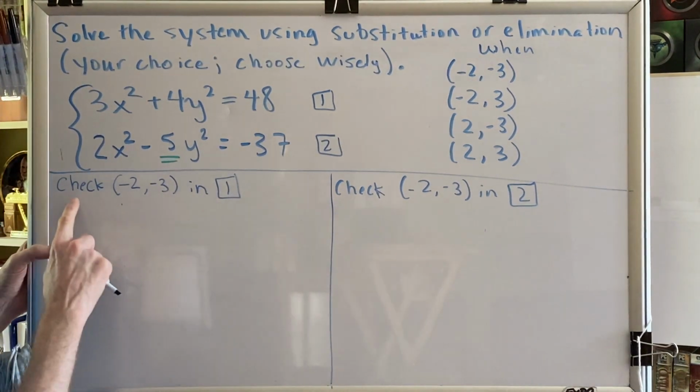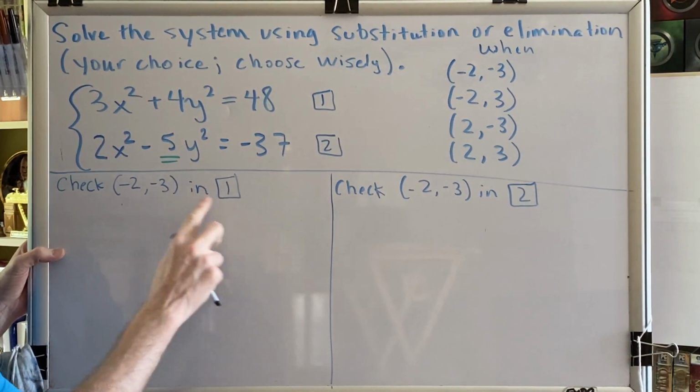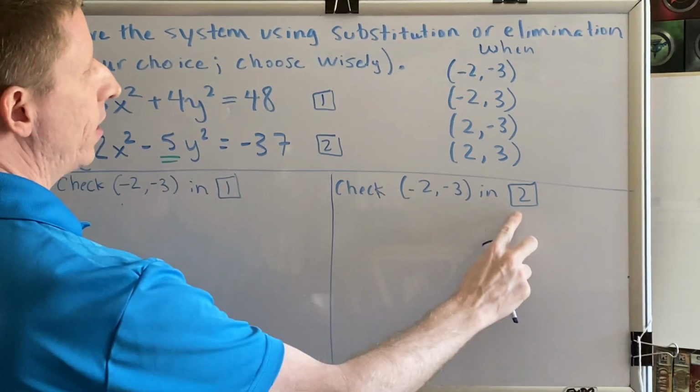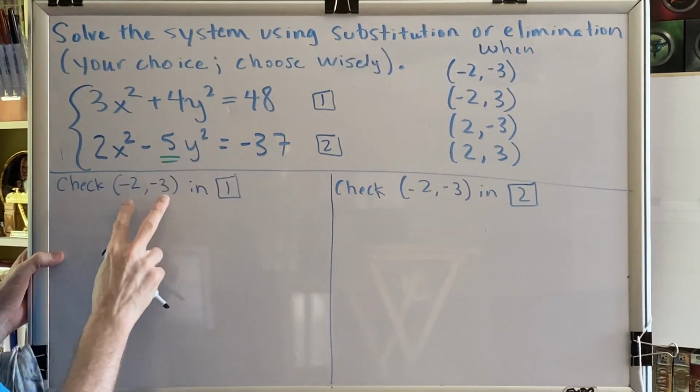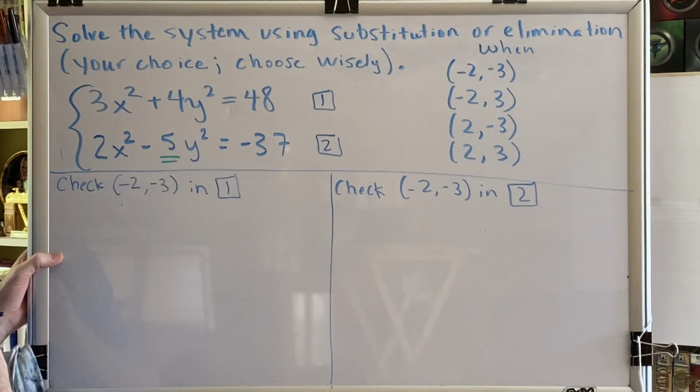Okay, we're going to check the point -2, -3 in equation 1, as well as in equation 2. To do that, we simply have to replace every x or y with the corresponding value from the point, and we remember that parentheses are necessary.